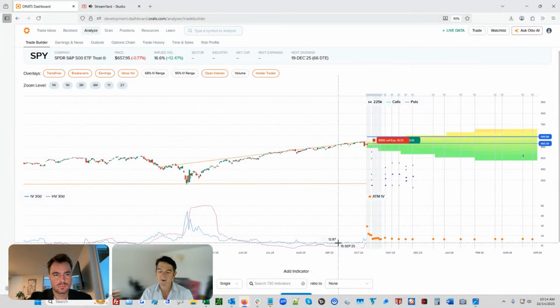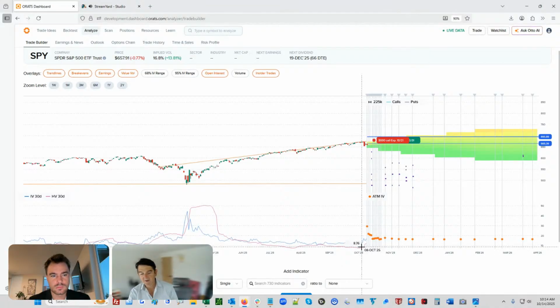The blue line, or the cyan line, the implied volatility of the 30-day, has been way above the historical volatility. And as I said before, our forecast is based on historical volatility. So that's the reason our forecast is so much lower.